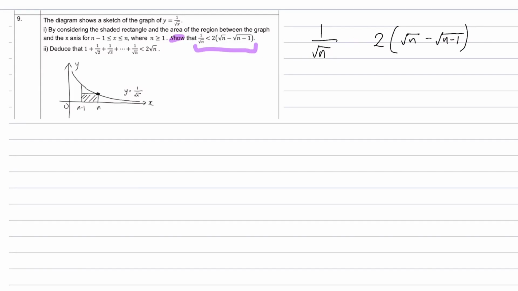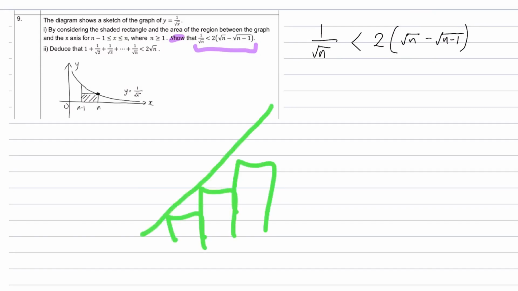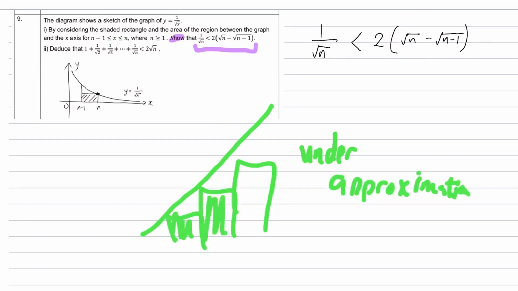In this case, this and this is actually just referring to the area of the graph. Remember how I was talking about all these rectangles? They are all an under approximation. Under means it's less than. The area of all these rectangles is less than the exact area.